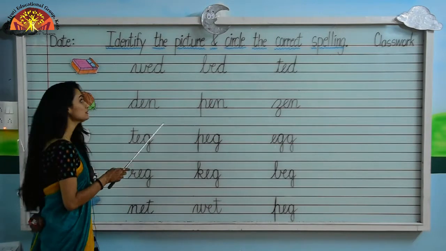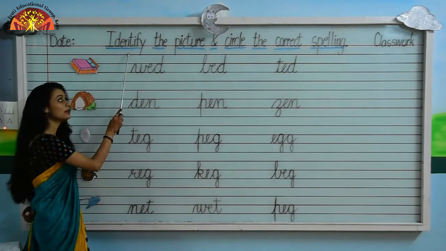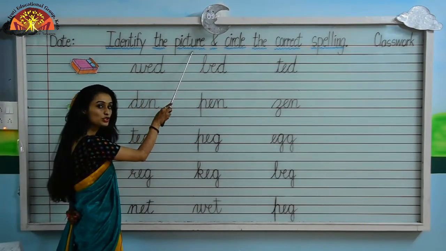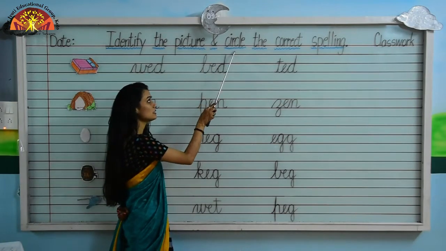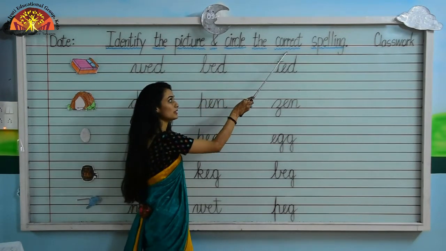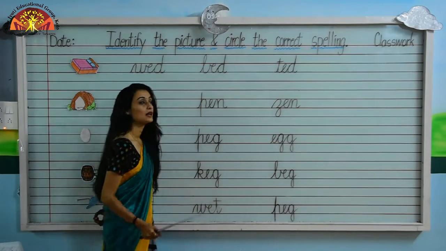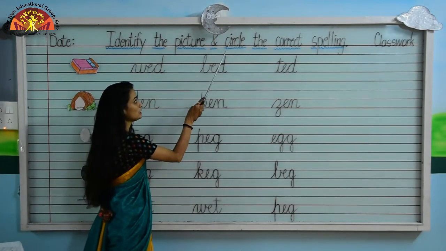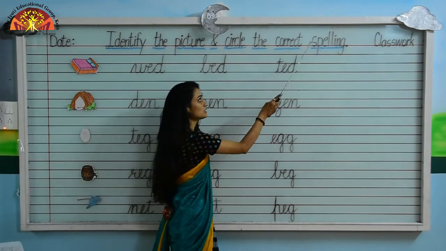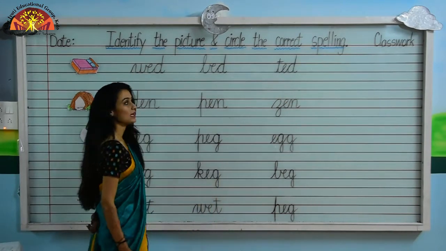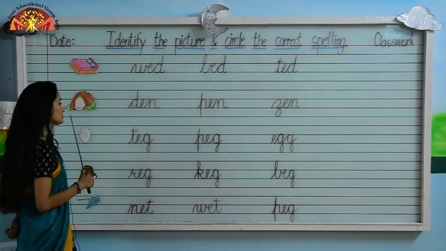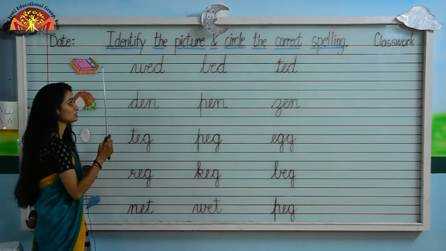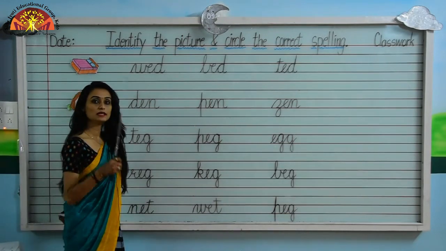So look over here. Identify the picture and circle the correct spelling. Kids, as you can see, here are some pictures and in front of these pictures 3 spellings are written.